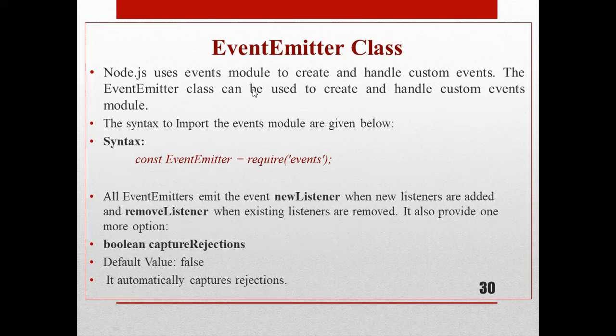See the syntax: const EventEmitter equals require function, and inside the brackets, pass the module name in single quotes. That is, we import the events module. So the syntax for importing the events module is: take one constant like EventEmitter equals the require function, and inside the brackets pass the module name in single quotes.